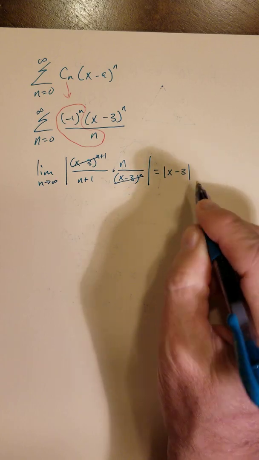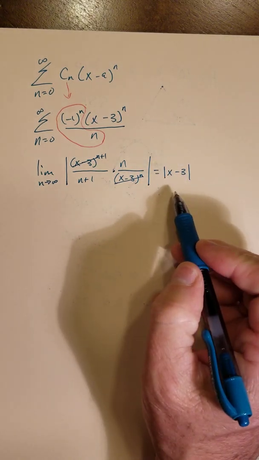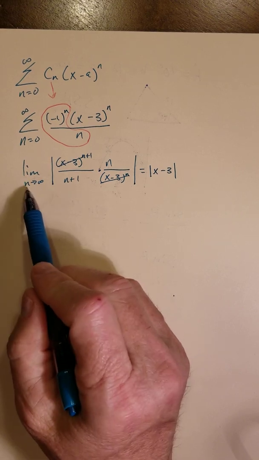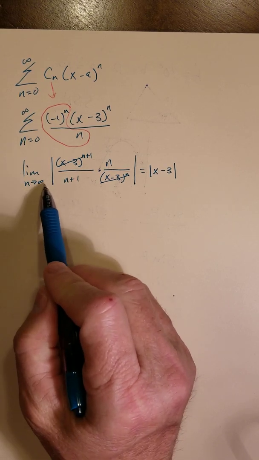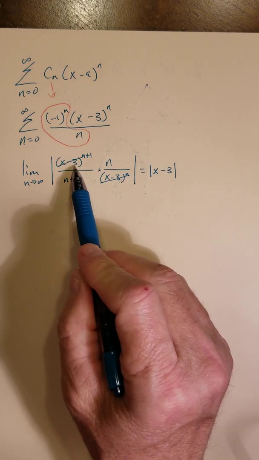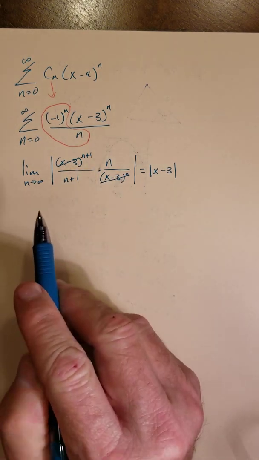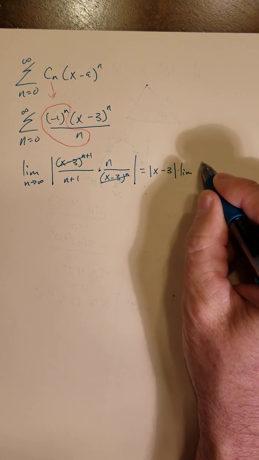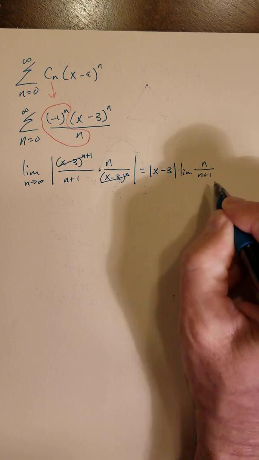So I'm going to pull it out. Now, note that I pull it out in the absolute value, which is important, but also note why I can pull it out. Because remember that in this limit, the only thing that's varying is n. n is going to infinity, and this x minus 3 doesn't have anything to do with n. So times the limit of n over n plus 1.